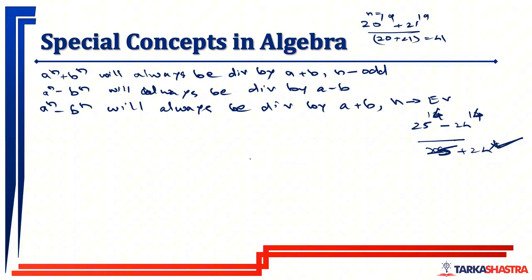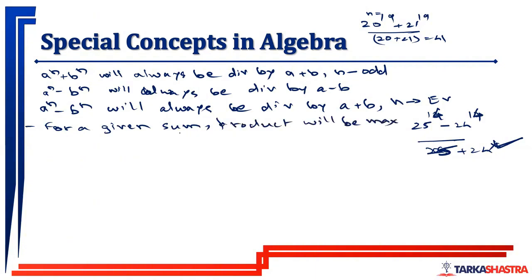Next thing which we have to understand is that for a given sum, the product will be maximum if all the values are equal.